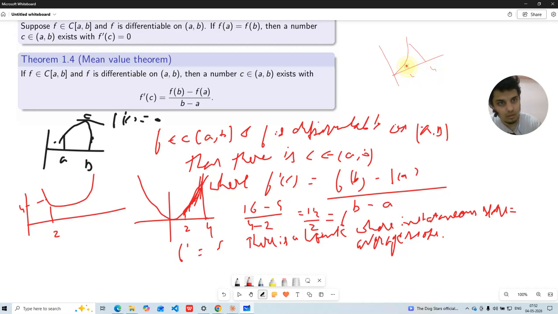If I connect both of them, there will be one point between these 2 points whose slope would be equal to the slope of the secant. Okay, let me show you this with a nice example.